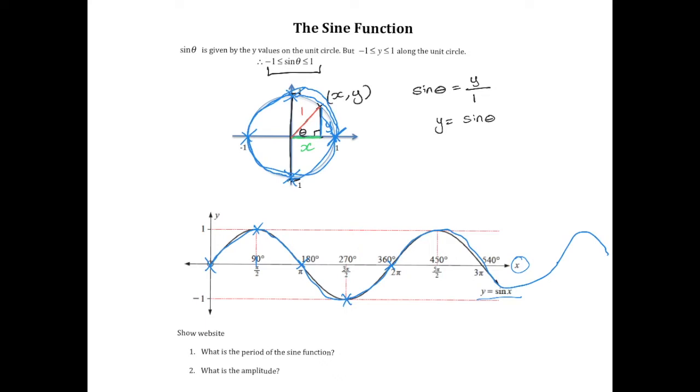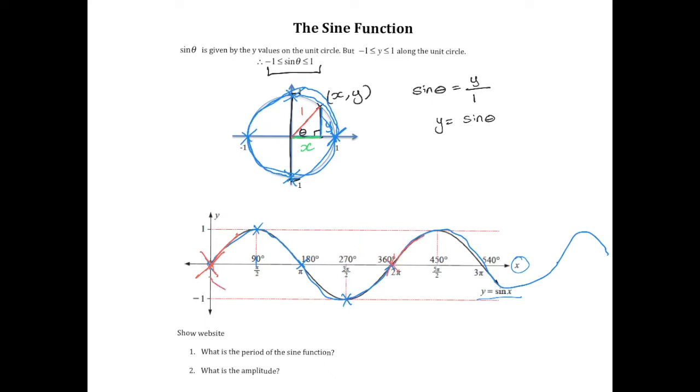What is the period of the sine function? In other words, first of all, is this periodic? Yes. What does periodic mean again? It repeats in a horizontal way, so yes. What is the period? Let me just get a red. When does this 0 happen again that then goes upwards? At 360, we're at 0 and going upwards.